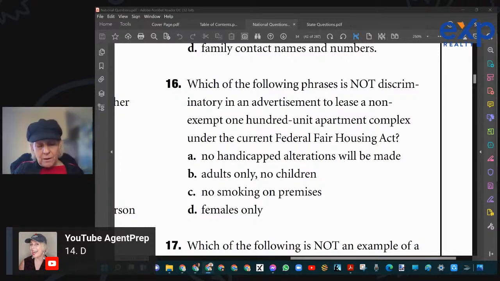Because that's now a federal law in certain public places, and apartments, homes, they can require no smoking. The others would be discriminatory, of protected classes. So very good. Everybody's on a roll.